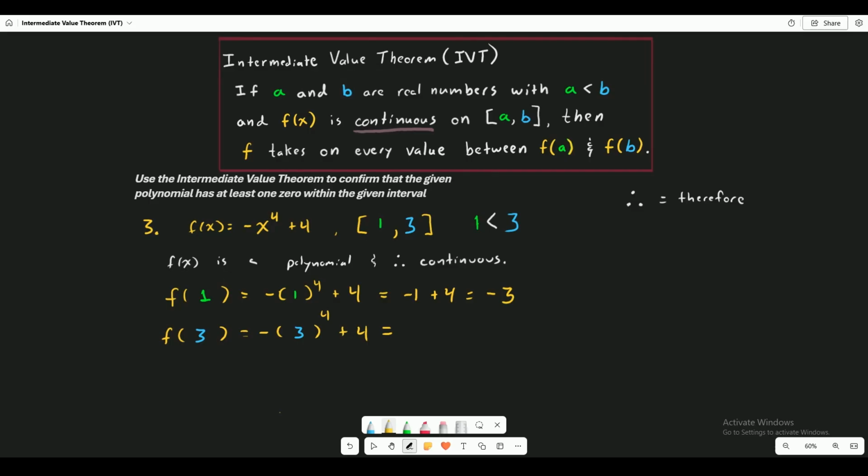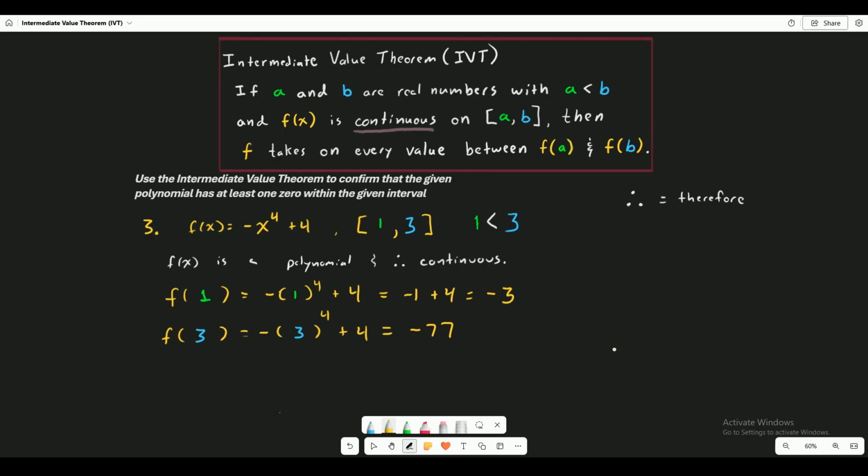So negative the quantity 3 to the power of 4. I'm doing it in my calculator, friends. Plus 4. I get, oh boy, it's a big number. I get negative 77. Oh boy. We ran into something, didn't we?